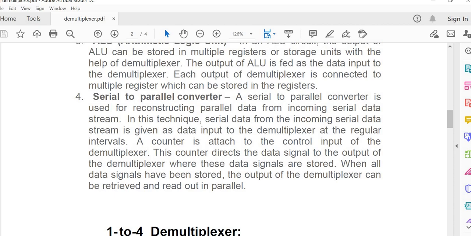This counter directs the data signal to the output of the demultiplexer where these data signals are stored. When all the data signals have been stored, the outputs of the demultiplexer can be retrieved and read out in parallel. So the demultiplexer is used as a serial to parallel converter also.